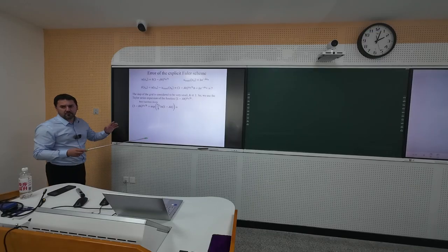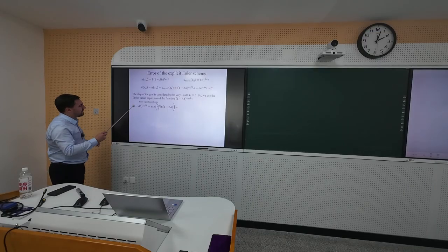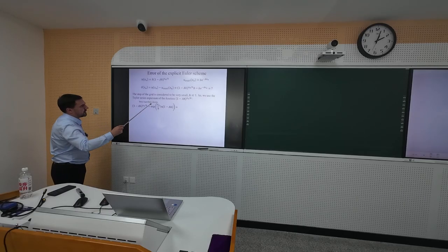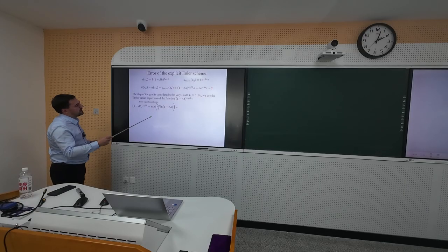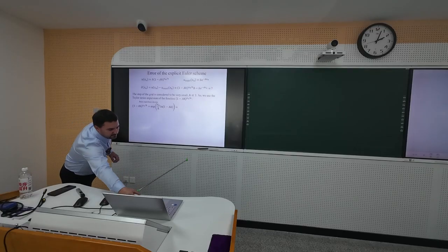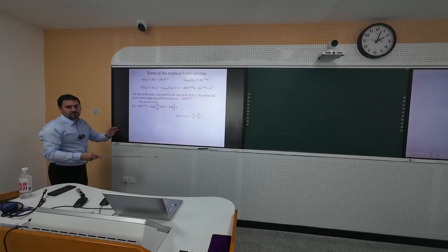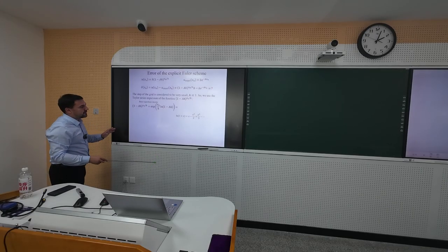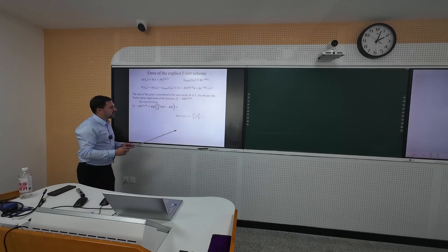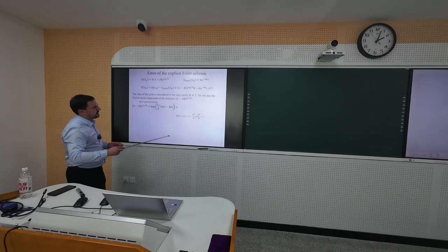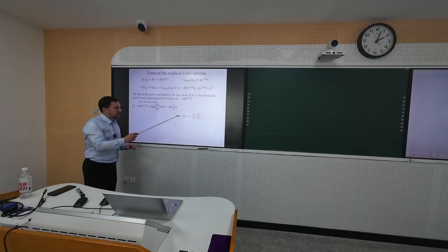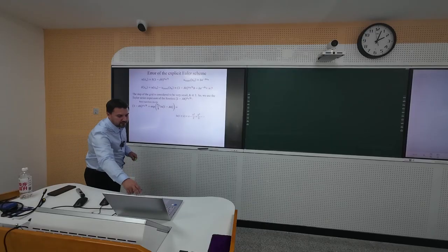Even from school, you should remember that (1 minus something small) to the power 1 over this small equals this exponent of a logarithm. And then we can use the Taylor series expansion for the logarithm and then for the exponent function. This is just a reminder from the first year at university that this is the Taylor series expansion for the logarithm, where x is a small value.